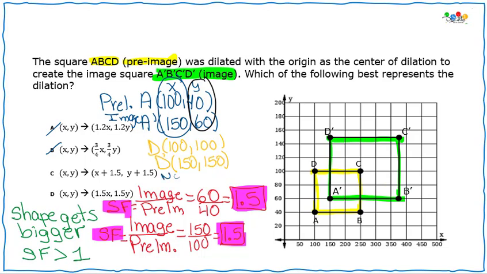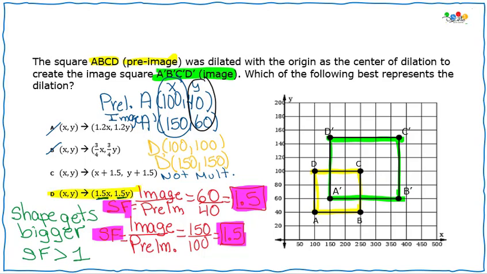This one is not multiplication. And scale factor has to do with multiplying or a comparison, depending on the question, right? So notice how right here, there's your 1.5 and 1.5. So the answer should be letter D for us.